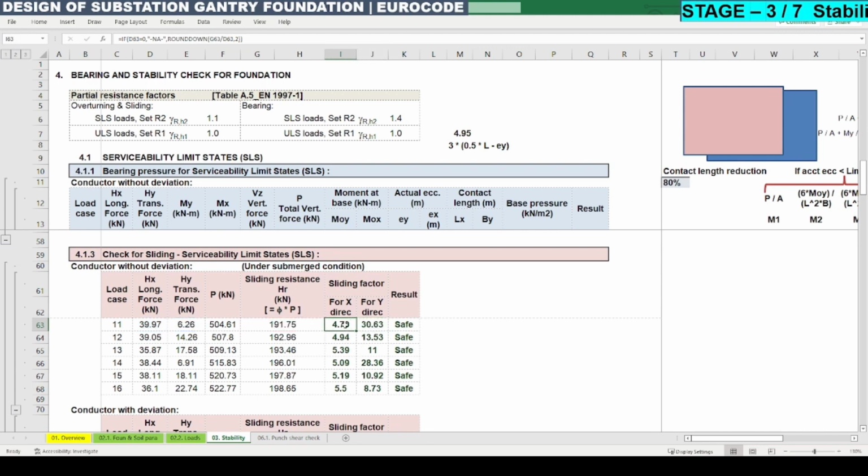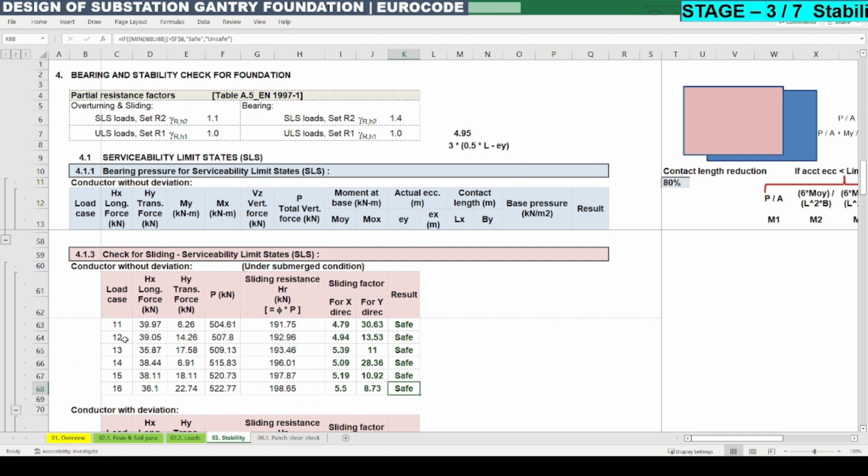In both directions we divide this sliding resistance by the respective forces. Then we get the sliding factor of safety values. Here it is 4.79. This is greater than the required factor as per Table 5 of EN 1997. So then it is safe.